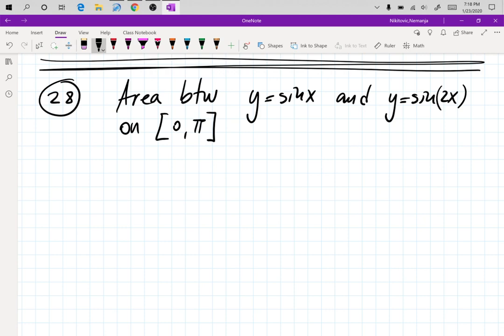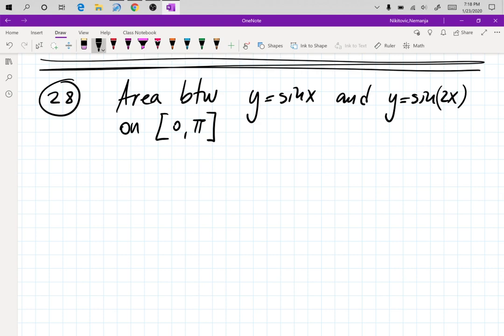This time, is it reflected? So we don't need to get into it.